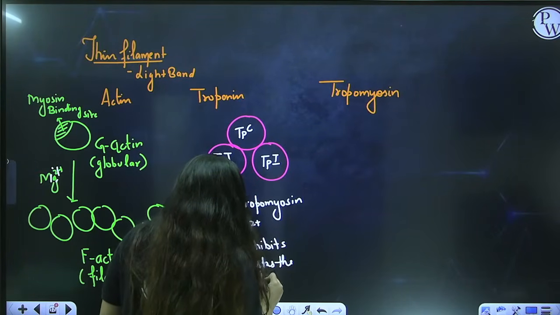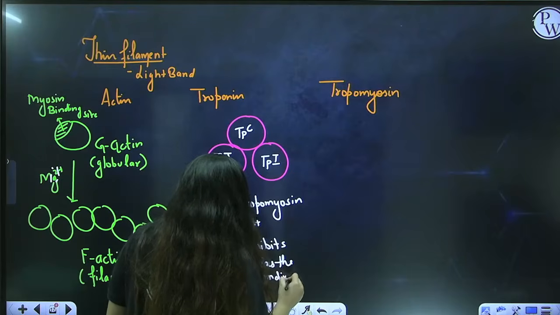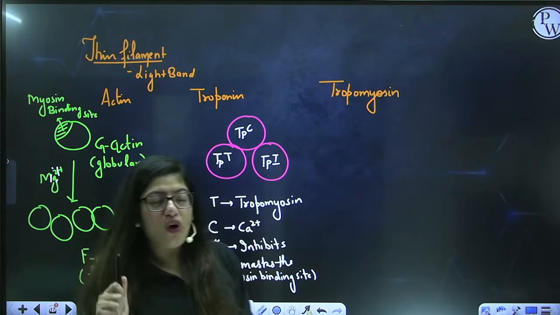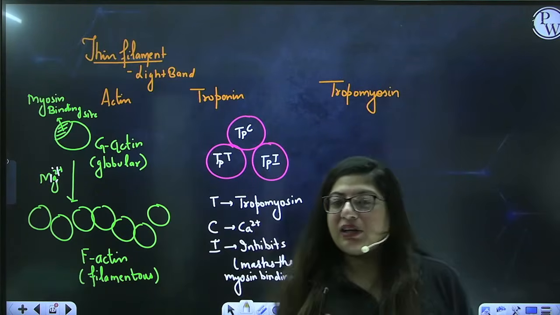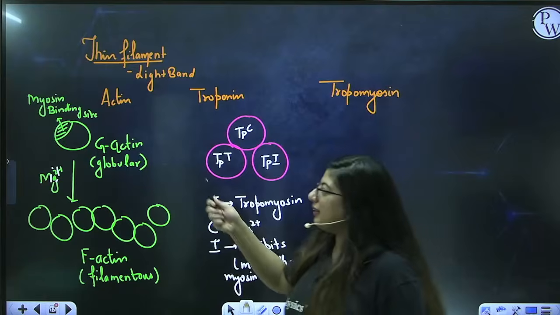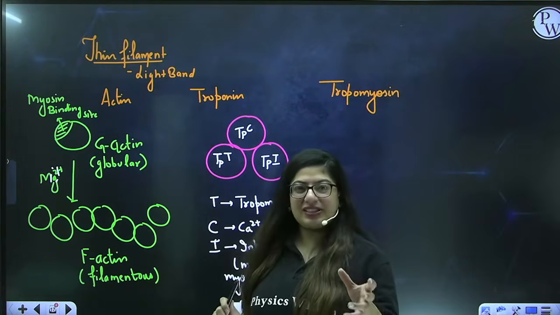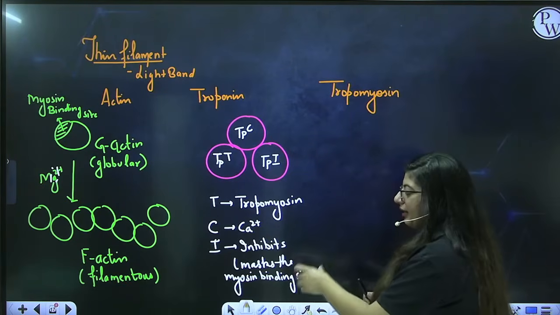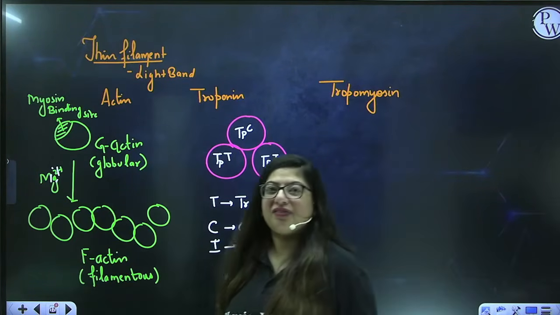This is a villain. Like in every love story, there is always one villain who wants to have the heroine. But heroine and hero, they love each other. Who is the hero and heroine? Actin is the heroine. Myosin is the hero. Whereas troponin, especially troponin I, is the villain.